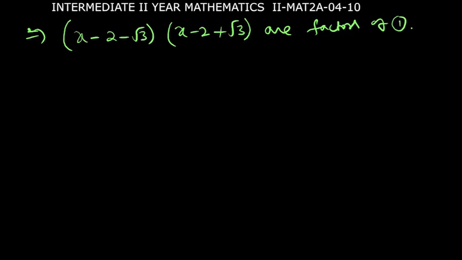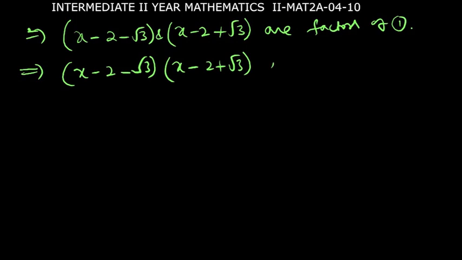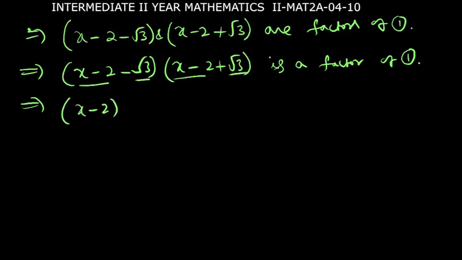So the product is also a factor of the equation. This is (A+B)(A-B), so A square minus B square, that is (x-2) whole square minus (√3) whole square, is a factor.